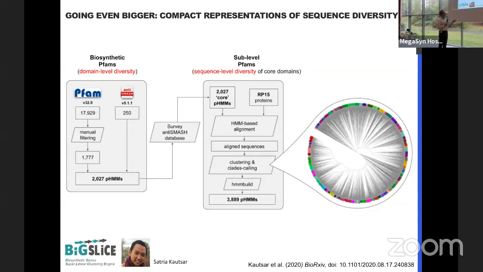And for each of these subfamilies, which you see colored here around the tree, he built a sub-PFAM model that identifies the subclade that is represented by it.